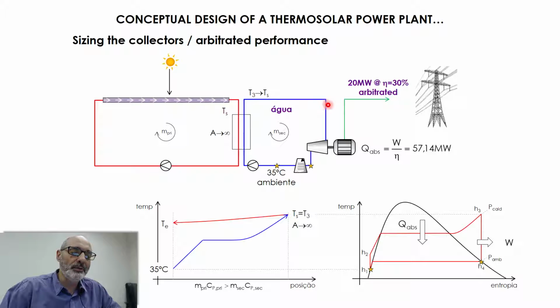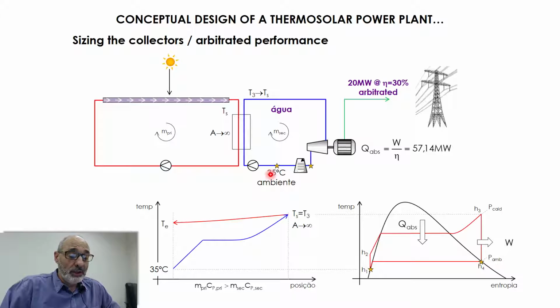Actually it's a lot better to work with compressed nitrogen here, with regeneration heat, but I don't want to complicate things with additional concepts. So I'm keeping it very simple just to show you. We're deciding to work with water here, and the ambient temperature, we're going to say is 35 degrees. Sorry for the Portuguese here.